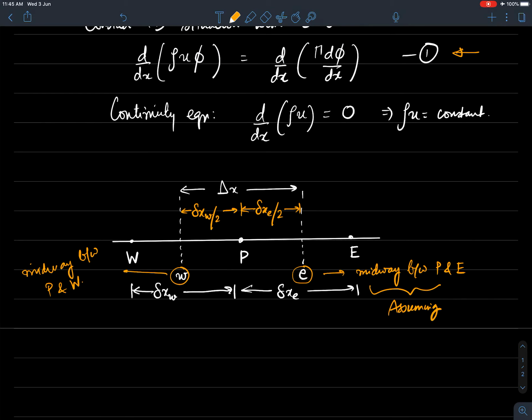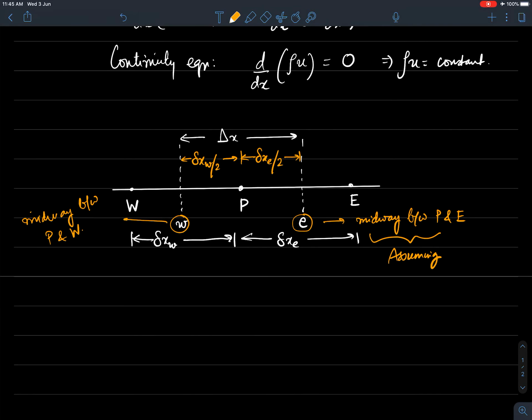Okay, now let's integrate the original equation that we had, equation 1. Let's integrate this over the CV. So what will we get?